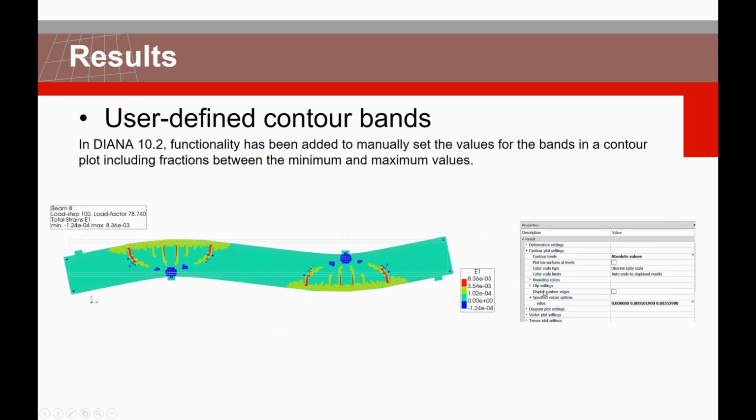In 10.2, the user can also specify the contour bands. So you can define certain bands for your legend, and the program shows the contour within that range that you specify in the model.